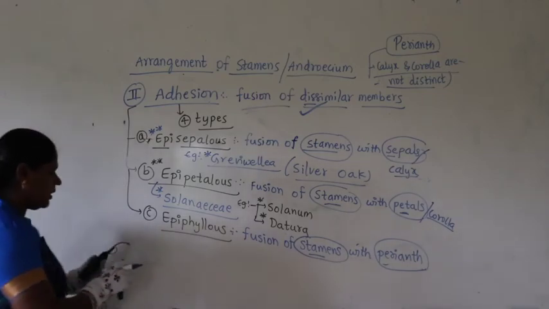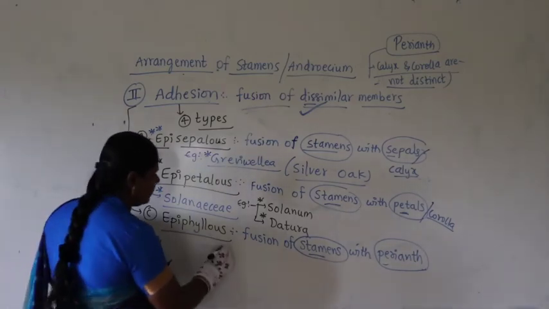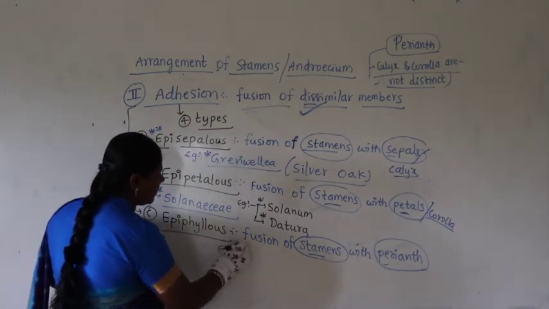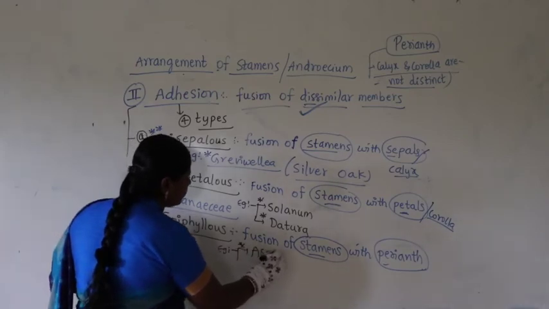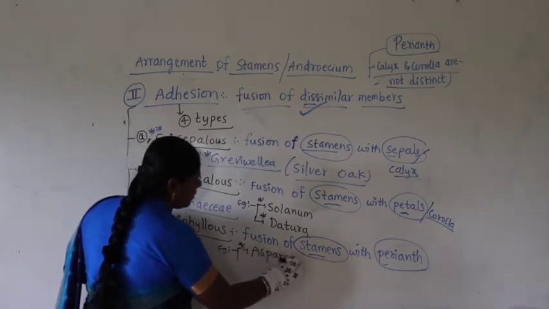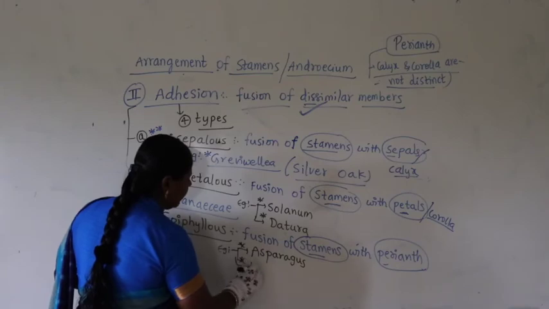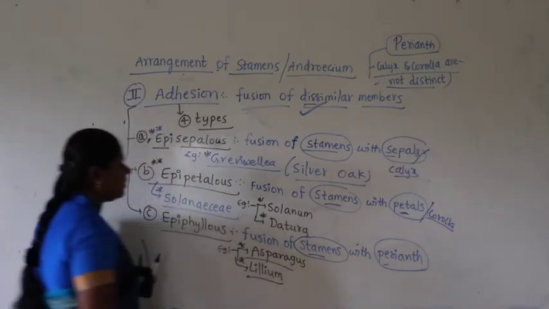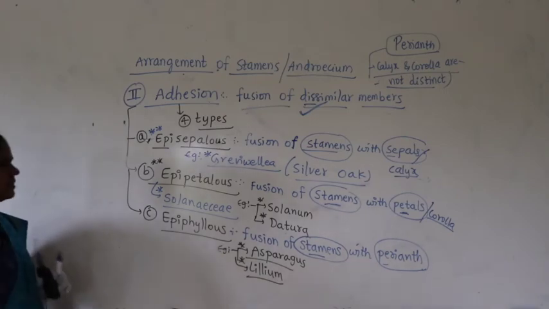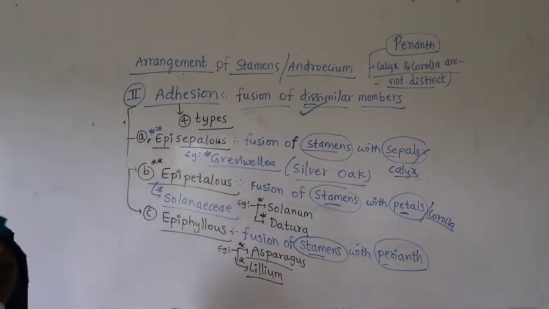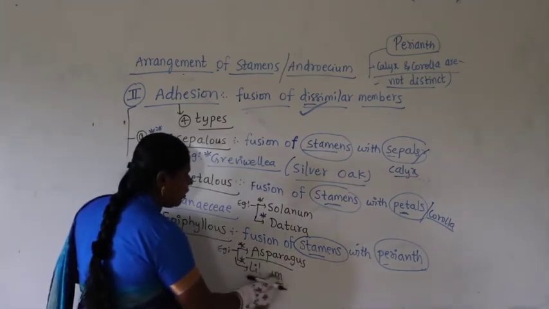So, this you find in case of, for example, asparagus and lilium, even the lily plant. Better you take the common name, because lilium you may not understand.